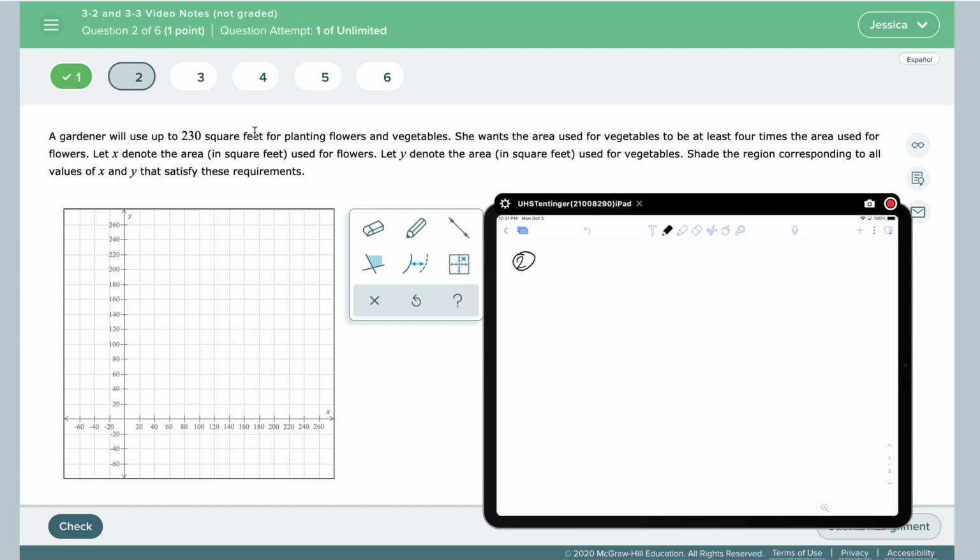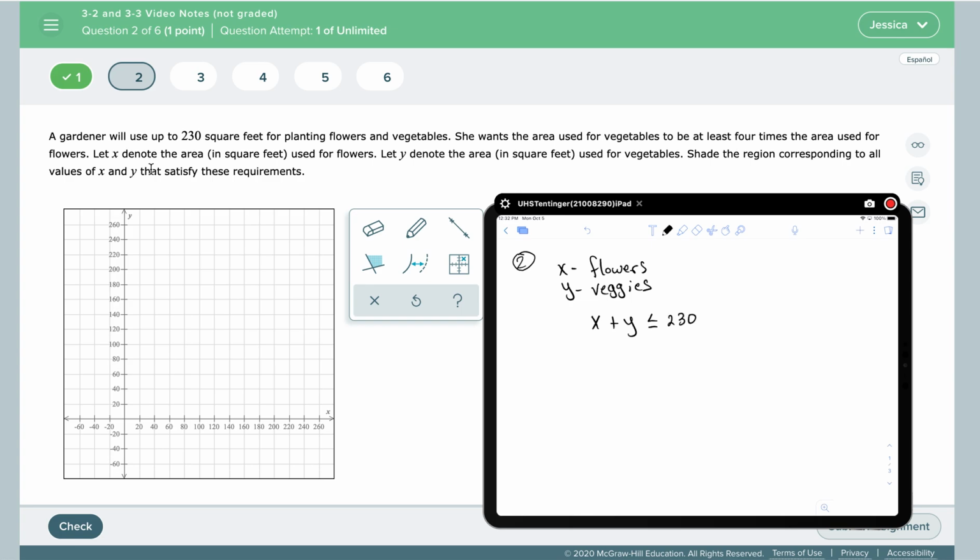All right, so for our next problem, again, I'm going to start with a variable. So X is going to represent our flowers, and then Y represents the veggies. So a gardener will use up to 230 square feet planting flowers and vegetables. So again, I'm just taking my X plus my Y, and that has to be less than or equal to the 230.